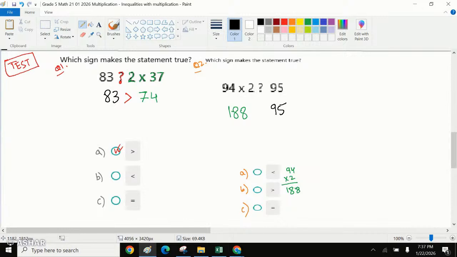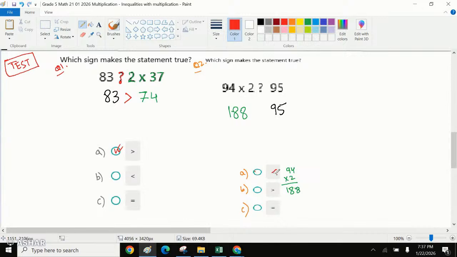So once we have multiplied the number and we have both the numbers, it's very easy for us. So which number is greater, or which sign should we use? Yes, it's option A. Because option A says, sorry, my bad, apologies.